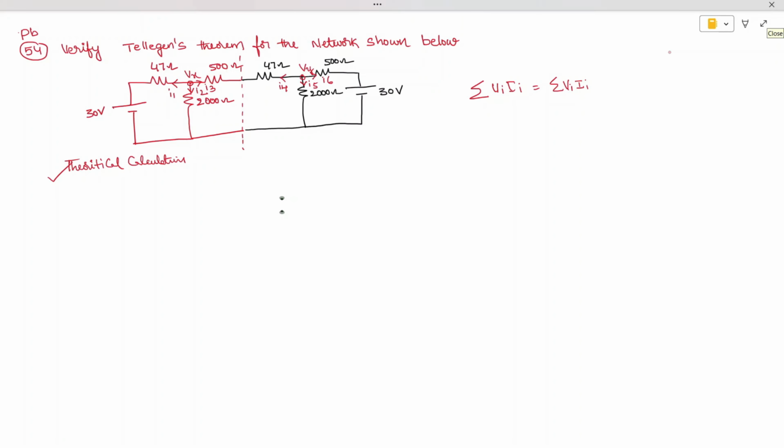Before going to this, let's first find out Vx, and then you can find out I1, I2, I3, and then you have to find out Vy, then you can find out I4, I5, I6.